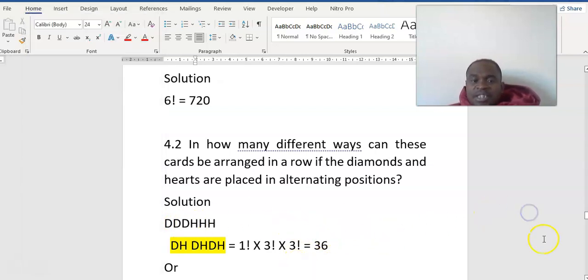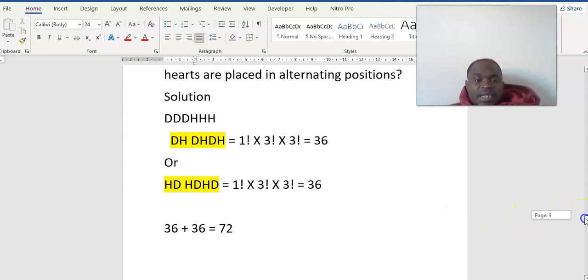36. We can multiply it by 2 because heart may come first and diamond may come second, like that. Diamond comes, then heart follows, or heart comes first and diamond follows. So this will also give the same answer, 36.